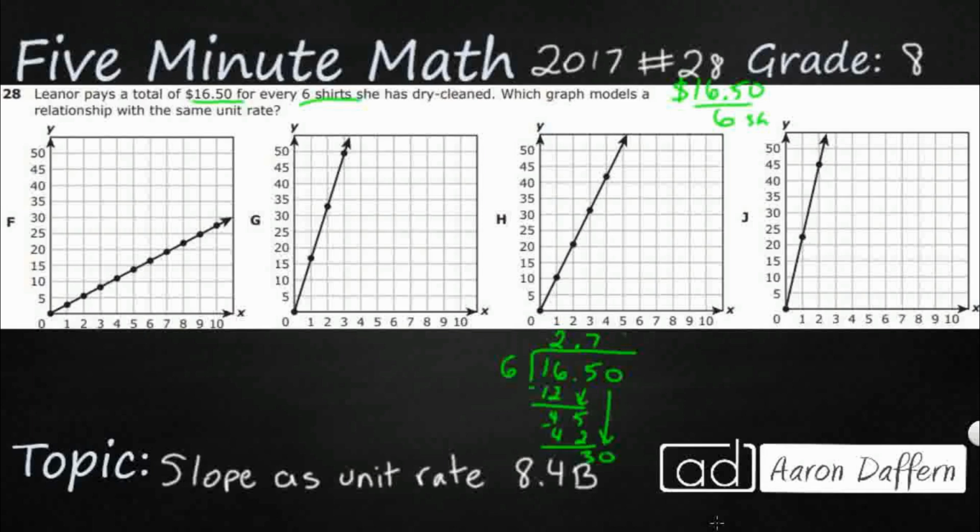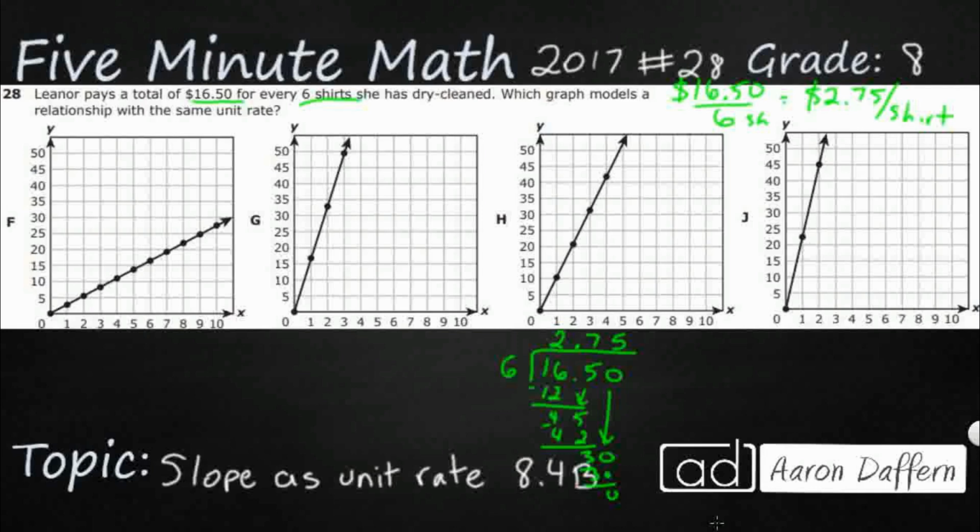Okay, $2.75 a shirt. It goes in evenly there. So that is $2.75 per shirt. You notice we keep doing the dollars on the top and the shirts on the bottom, so that is going to be our XY coordinates.